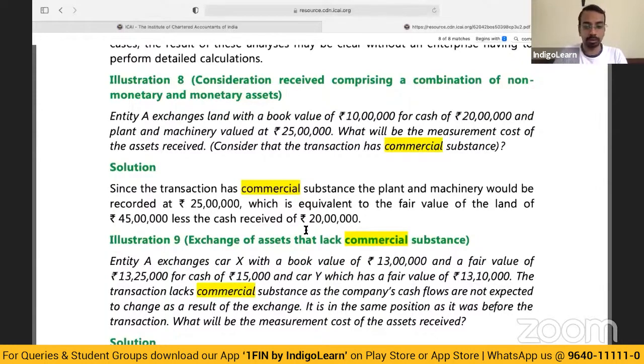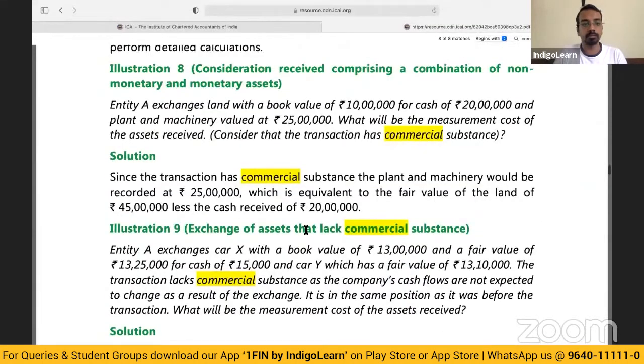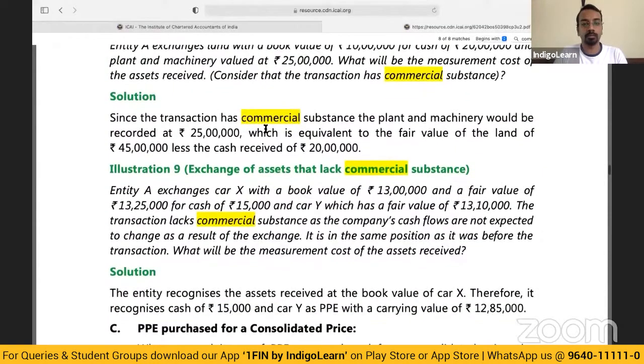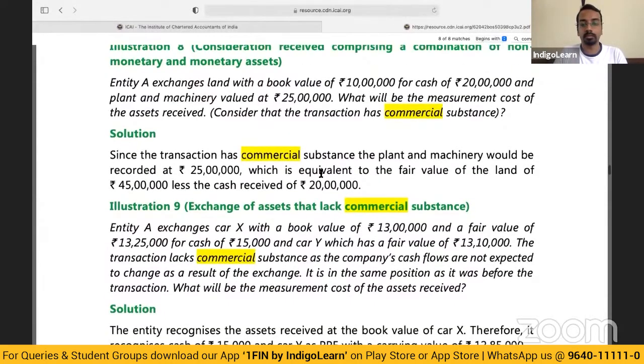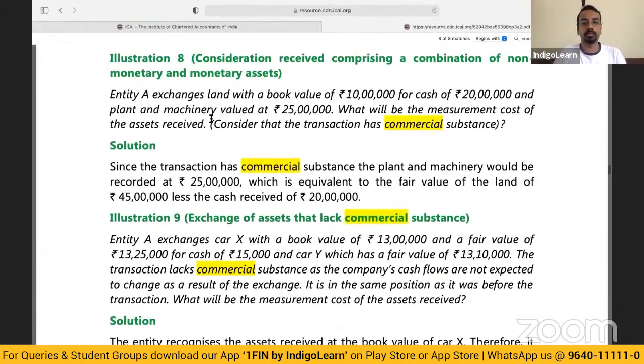Oh, sorry, this is another question. Here land has been given, book value of 10 lakhs, for cash of 20 lakhs and plant and machinery value of 25 lakhs.